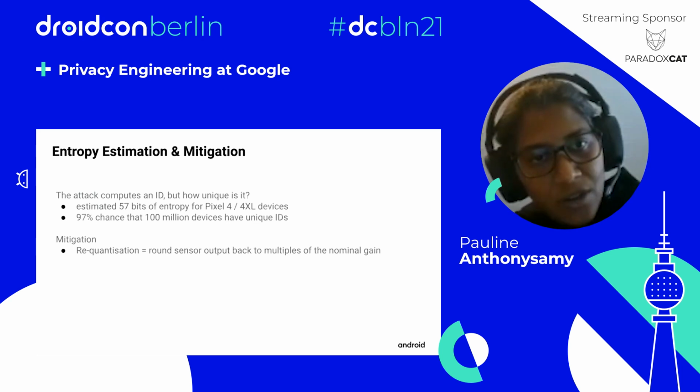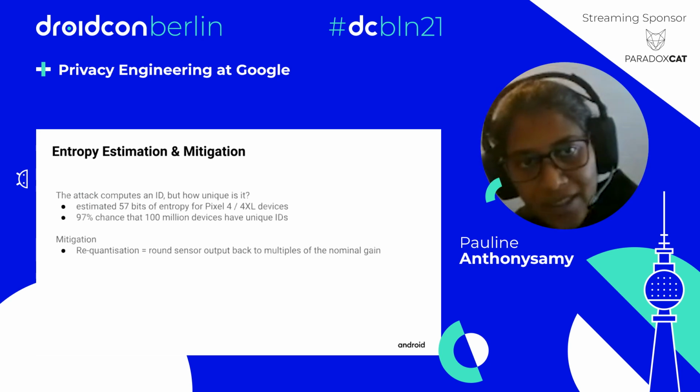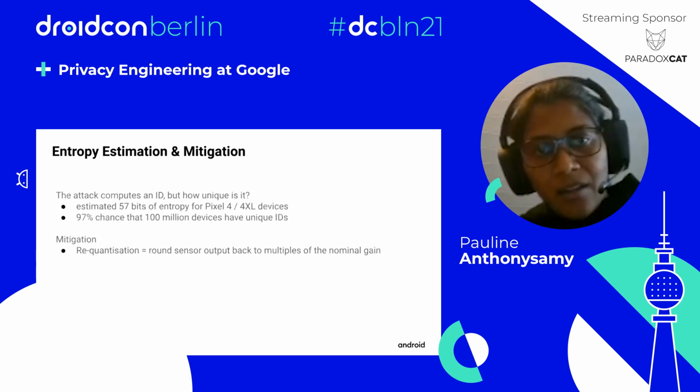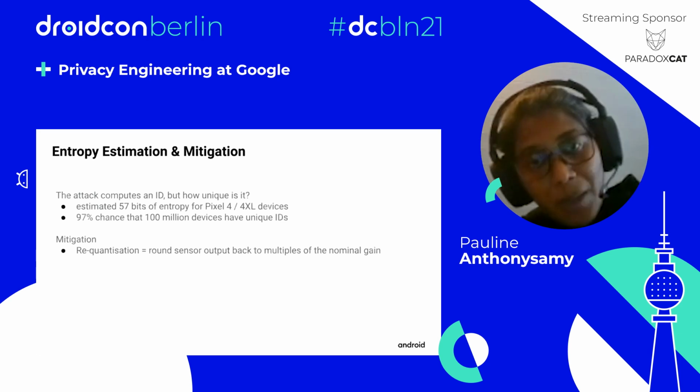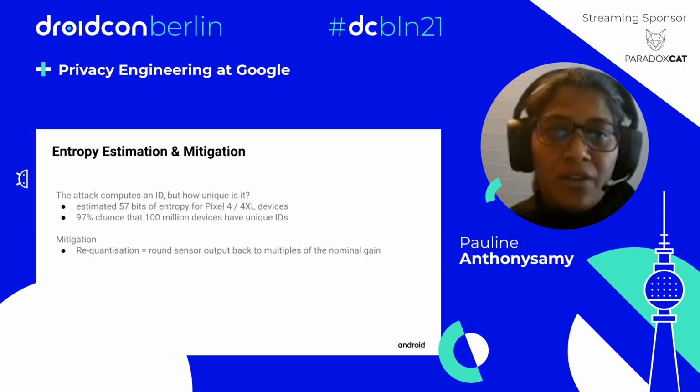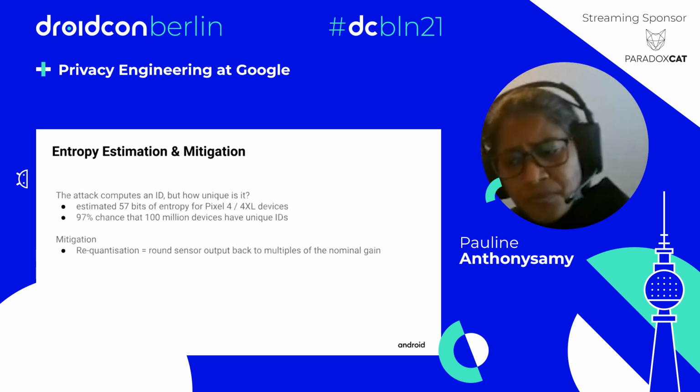As a mitigation, what we did is we requantized the gain matrix. Essentially, we rounded the sensor output back to the multiples of the nominal gain. We applied this fix to all of Android last year, including Android 11, and we tested this on various Pixel devices.